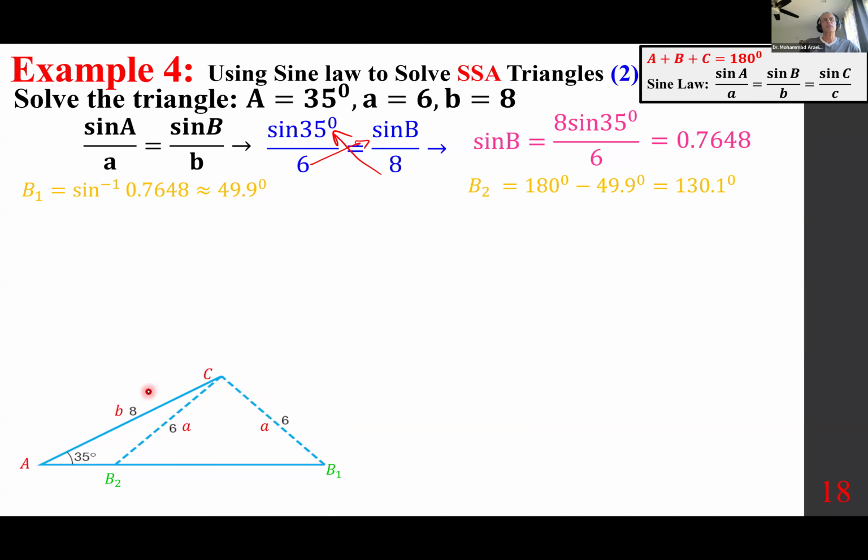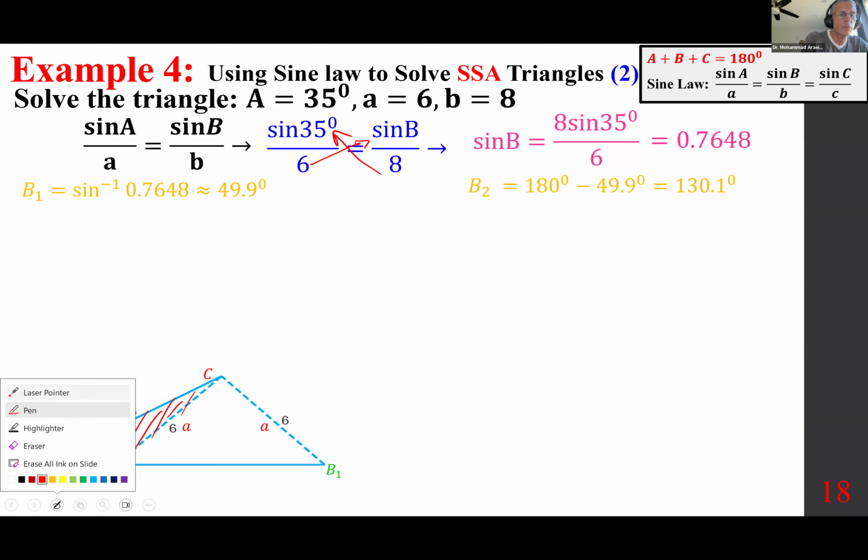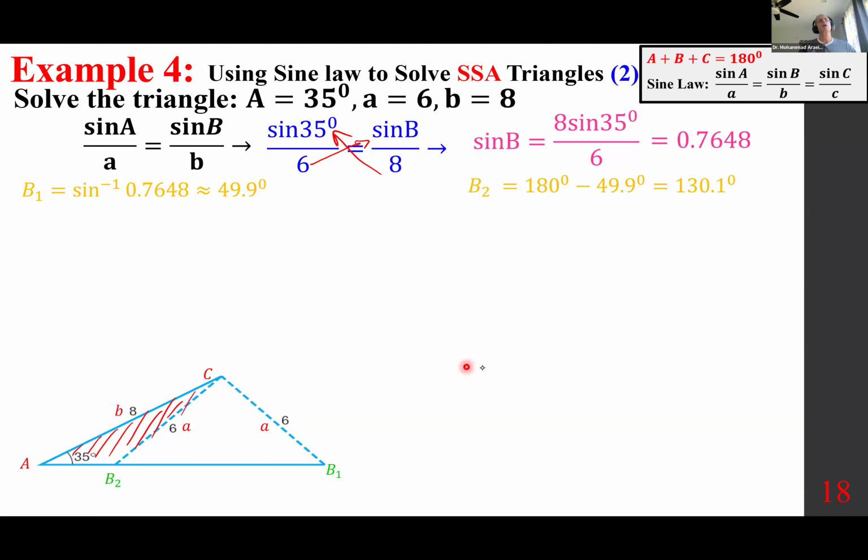And b is 8, which means we have this entire triangle, or we have this little one, either one. So we have either this one or the big guy.